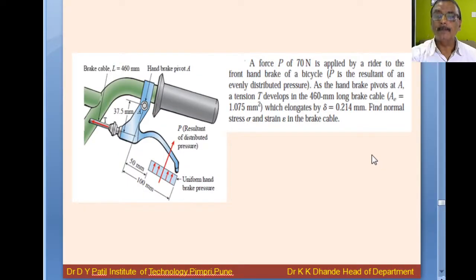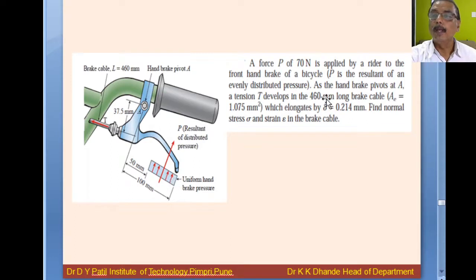Now here is another example, a practical one, also based on your applications. You already use this clutch lever. A force P of 70 Newton is applied by a rider to the front hand brake of a bicycle. P is the resultant of an evenly distributed pressure, meaning a uniformly distributed load.